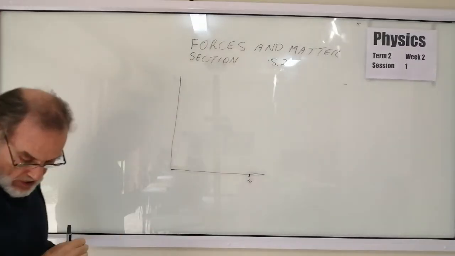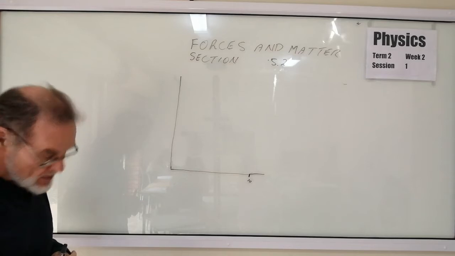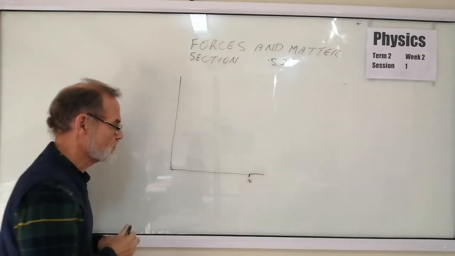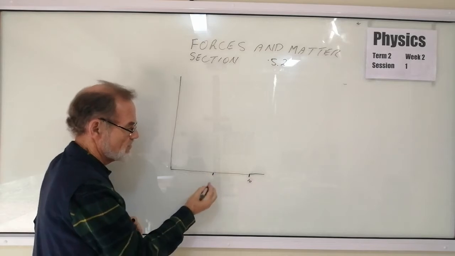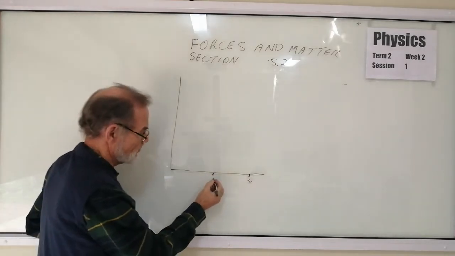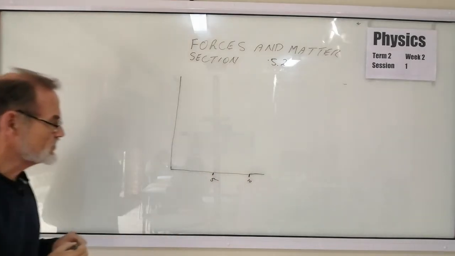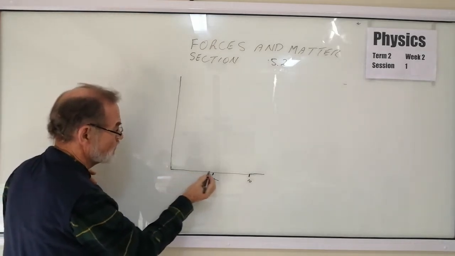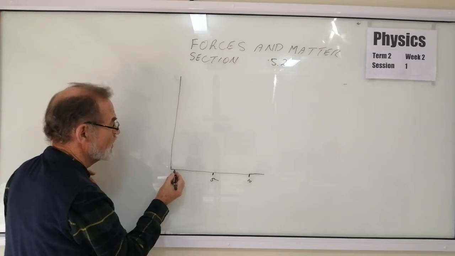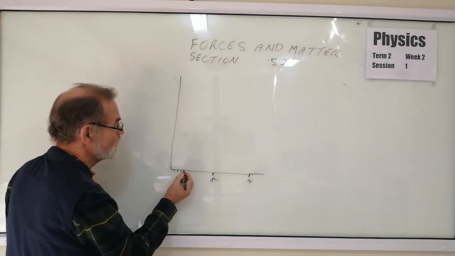Then that means that there are 20 blocks. Halfway is 10 blocks, but we call it 5 because we want to use the whole scale. Okay, so these are now 1, 2, 3.